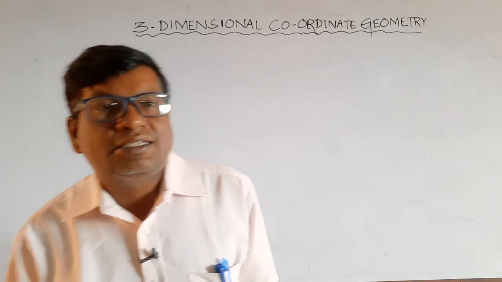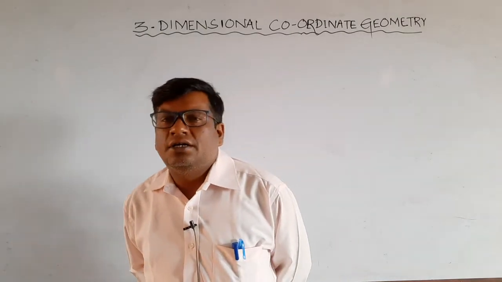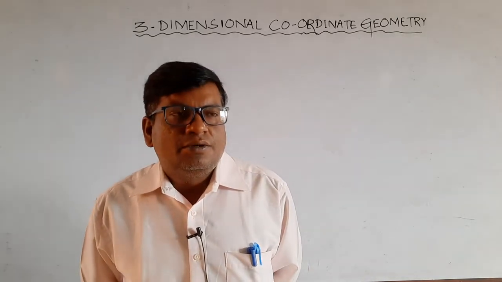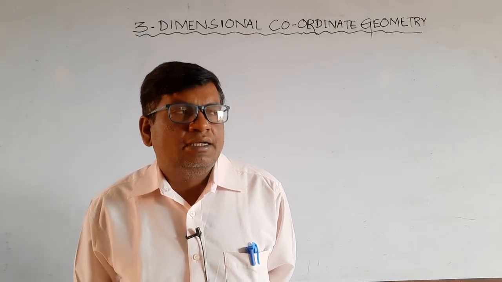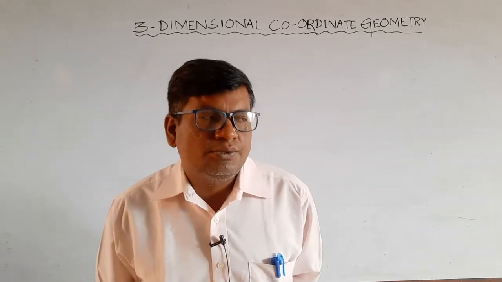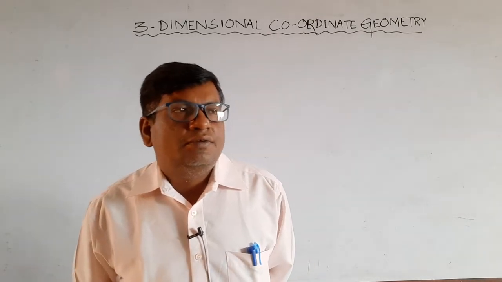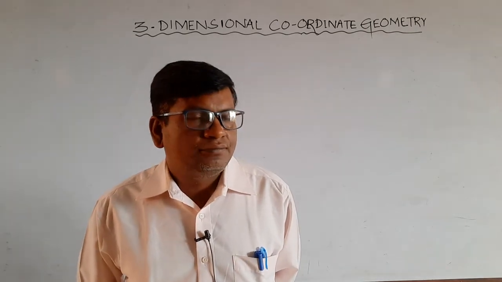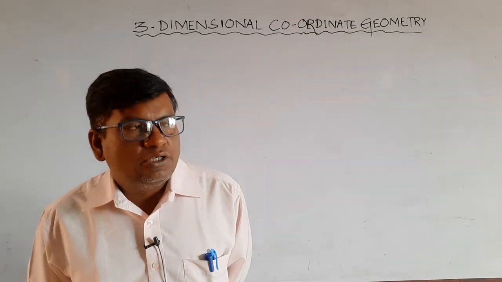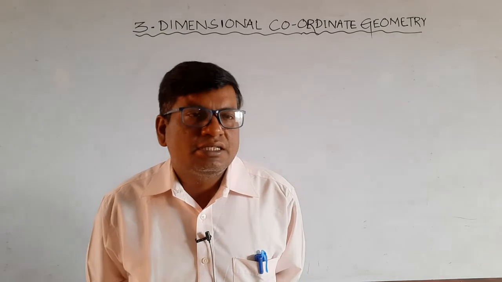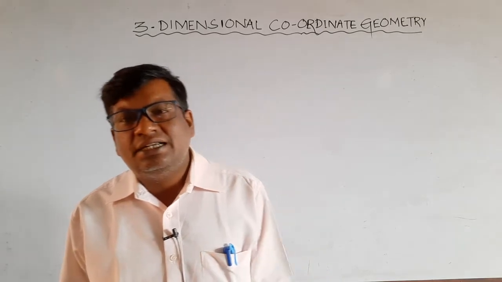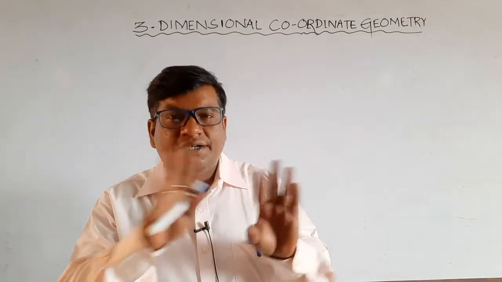Dear students, in last class we discussed the fundamentals of three-dimensional coordinate geometry: distance formula, direction distance formula, section formula, centroid and direction cosines also. Today we are going to discuss the direction ratio, but I want to discuss the previous concept, direction cosines, because direction cosines and direction ratios are correlated.